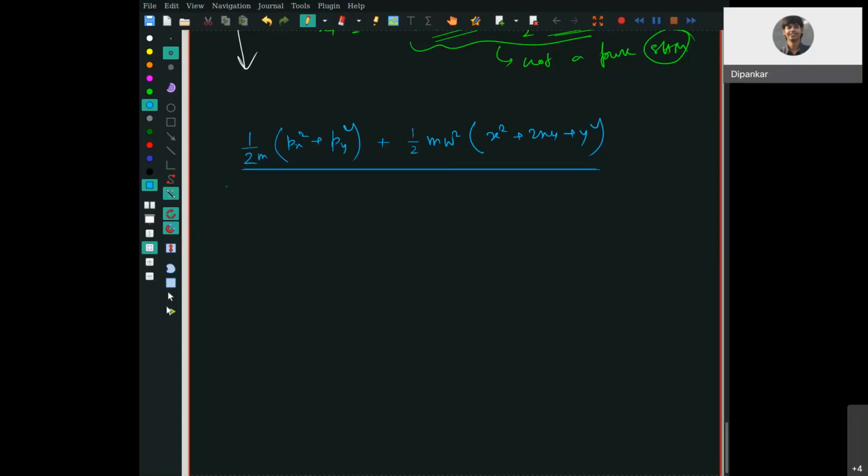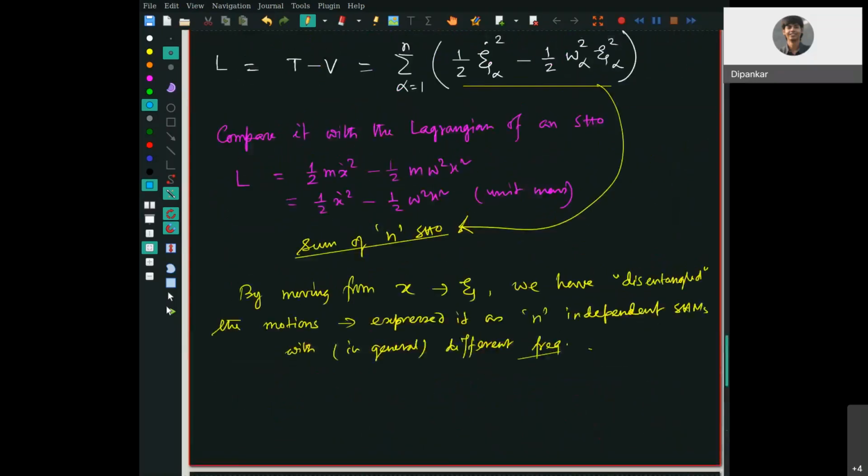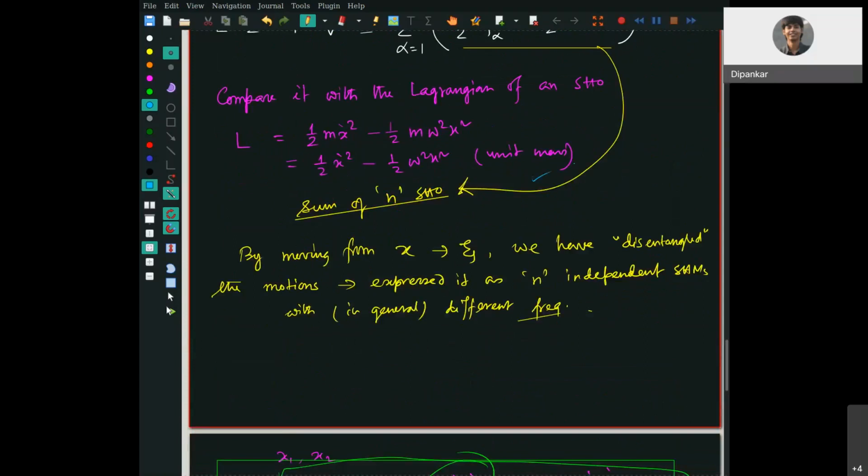Let's say you will be in trouble. There is a trick basically. So let me see if you can get this trick here. How would you solve this problem in quantum mechanics? If you understand how you would solve this problem, you perhaps understand what I mean by normal coordinates here. Okay, just for fun, try that.